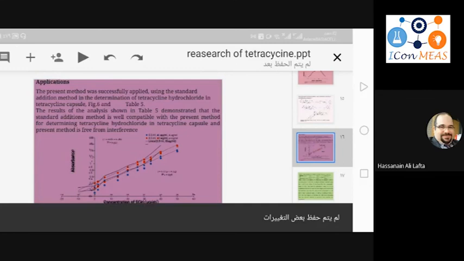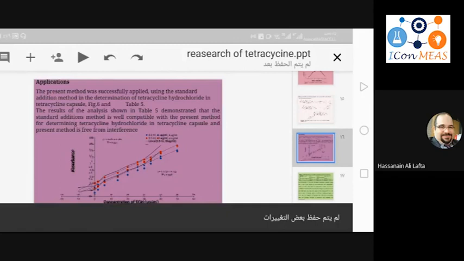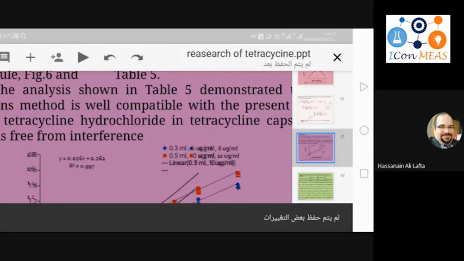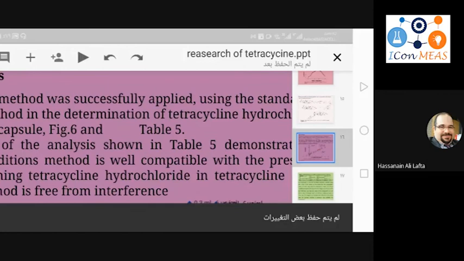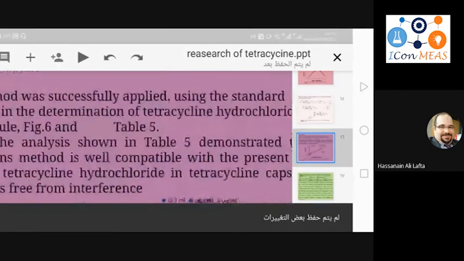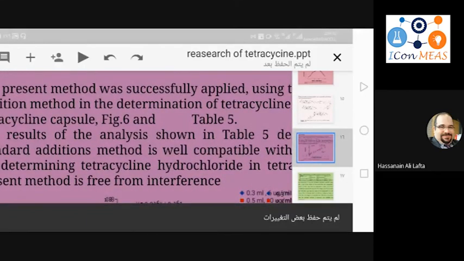Applications. The present method was successfully applied, using the standard addition method, in the determination of tetracycline hydrochloride in tetracycline capsules.